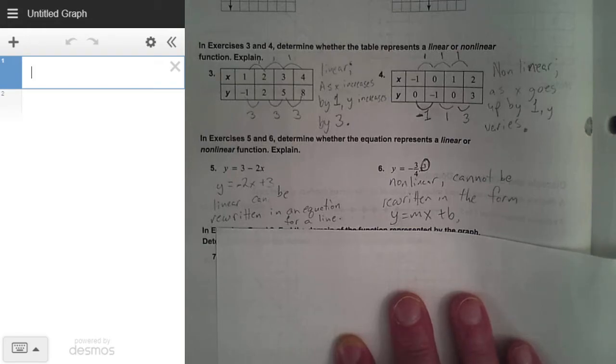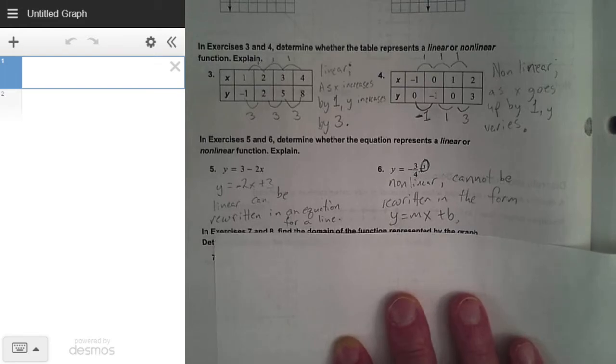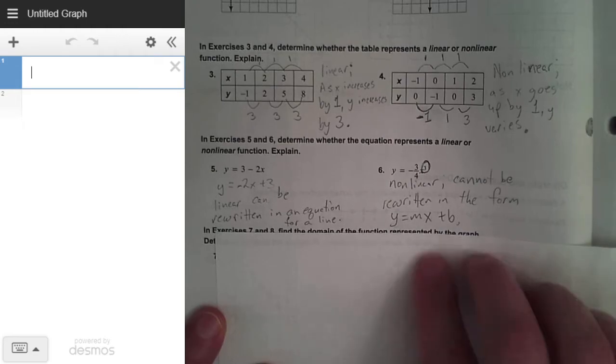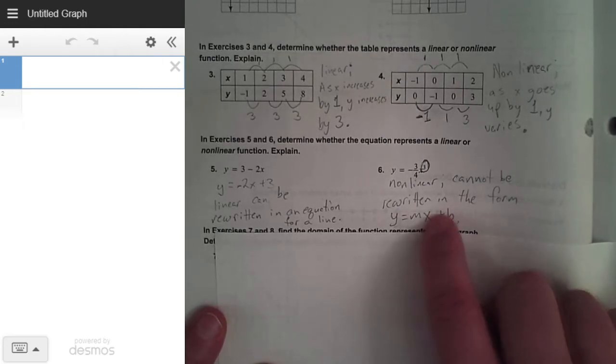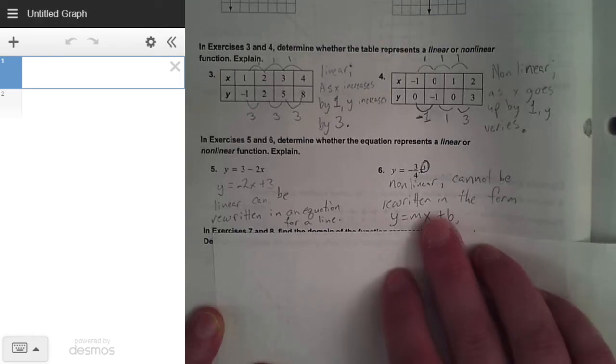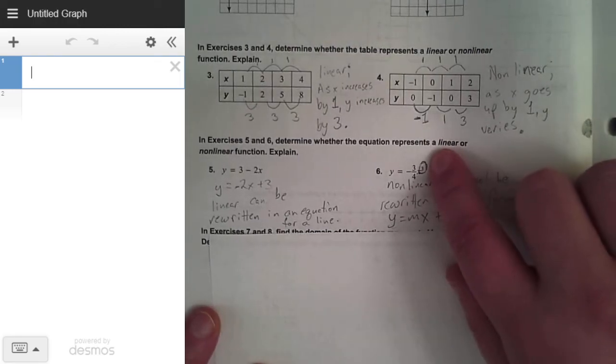Any power that's not 1 on either our y or x immediately tells us this is not linear. So this is nonlinear, because we can't write it in the y equals mx plus b form, as an equation for a line. That's because the y here has no power, but our x up here has a power of 3.